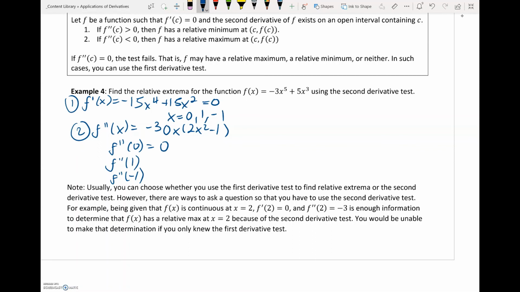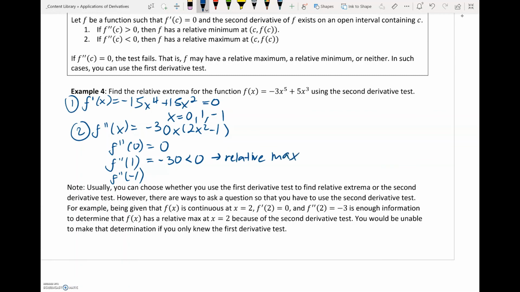If you were to evaluate f double prime of 0, we're going to get 0 back. So this doesn't determine anything. If we evaluate f double prime of 1, we're going to get negative 30, which is smaller than 0. So that means that we're going to have a relative max here.